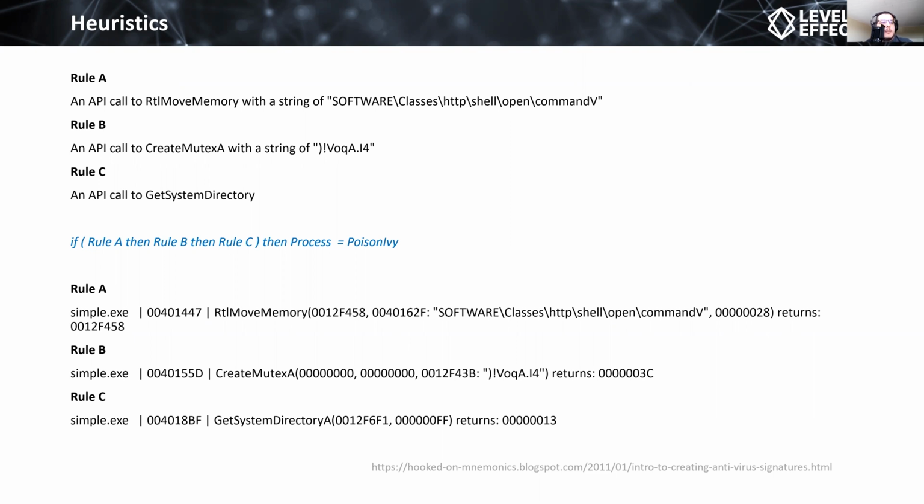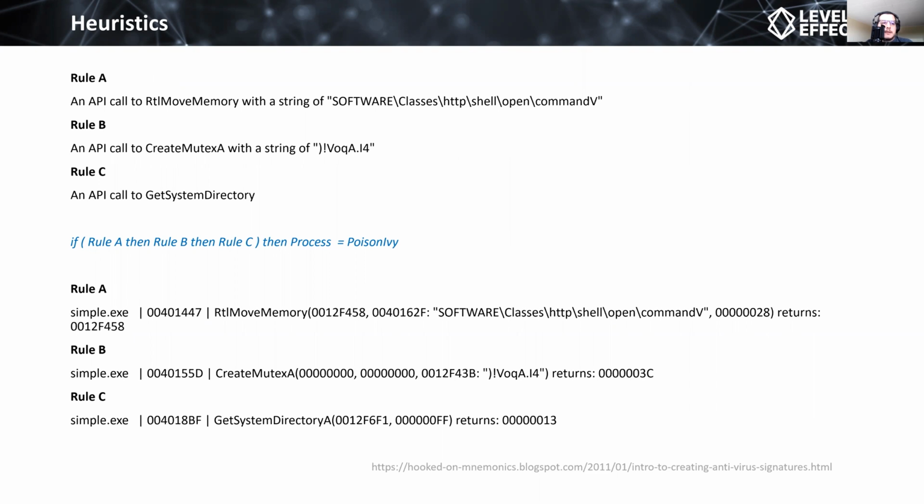Up at the top, you can see in English what it's doing, and underneath you see what more closely resembles the actual signature or code that's going through the antivirus engine. So it's looking for an API call to move memory, copying memory with that string in it, and it has to match that string exactly.